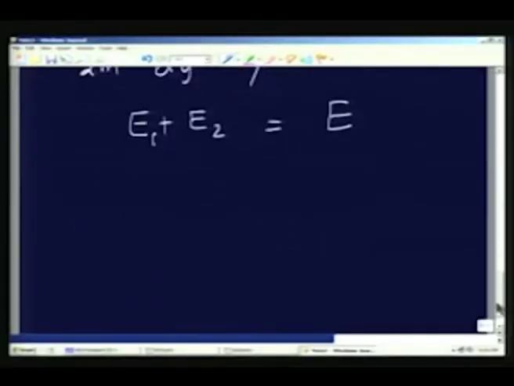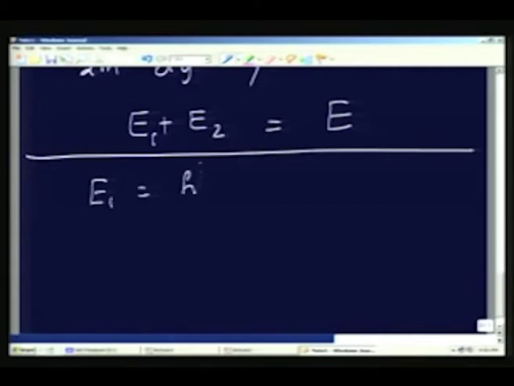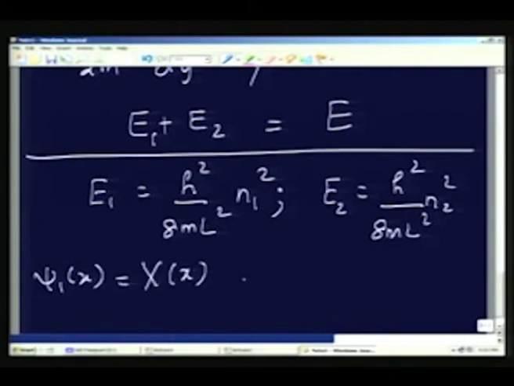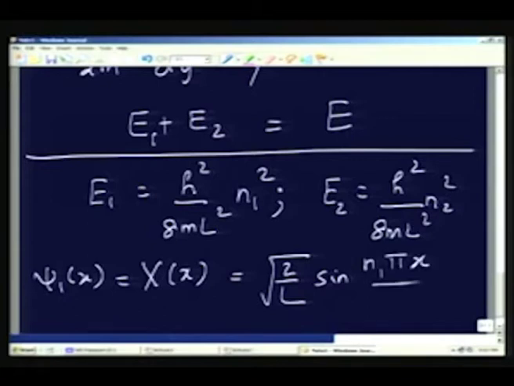So the result is immediately obvious, namely E1 is h square by 8m L square times n1 square, E2 is h square by 8m L square times n2 square. Psi 1 of x, which is X of x, you remember that is our notation, is going to be root 2 by L sin n1 pi x by L, exactly the same as the one dimensional problem.